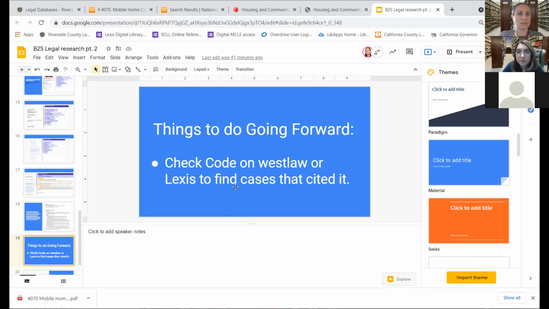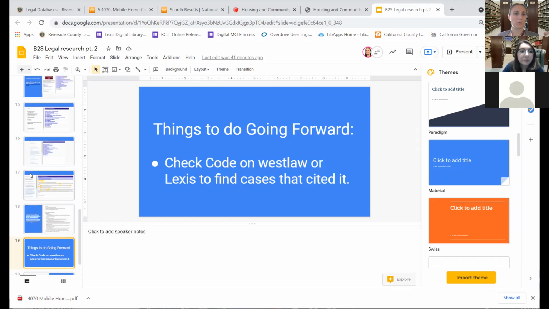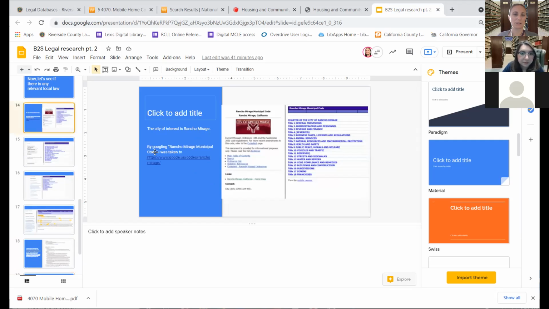But for someone who doesn't, by going onto Westlaw and finding that exact code, then you know for sure that it's good law. And then going to something like a municipal code, because I think it's .gov, that website would show that it's a government organization. So that would also make it known that it was good information for someone to use. So using those skills of using the internet.